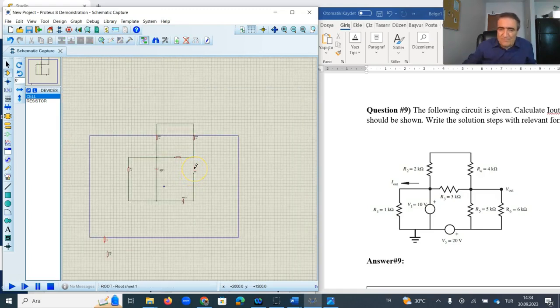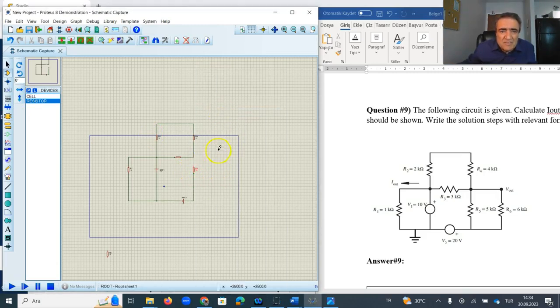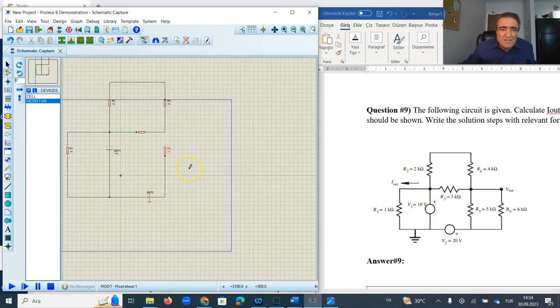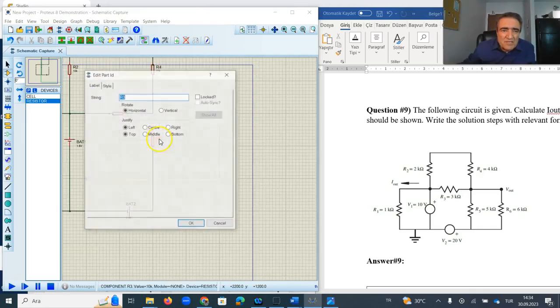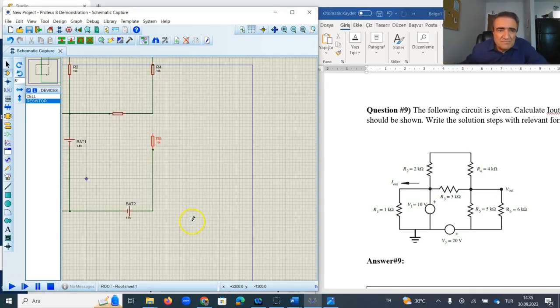Every time I am dragging, a part is coming, not all of them. You can create resistor 5 directly here if you have difficulties. It should be R5. I am changing the name to R5. Connecting to here.